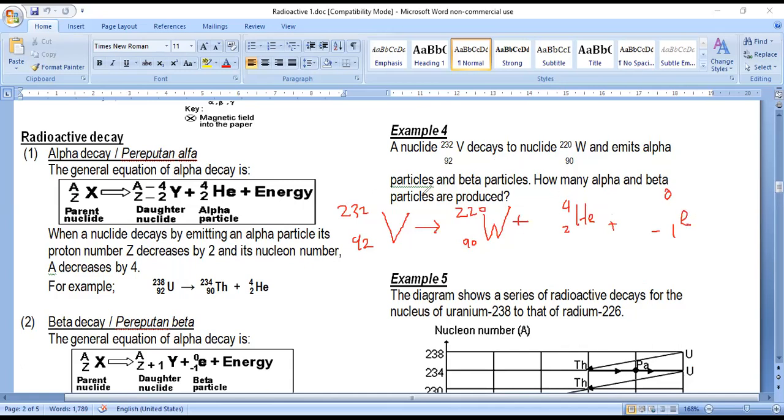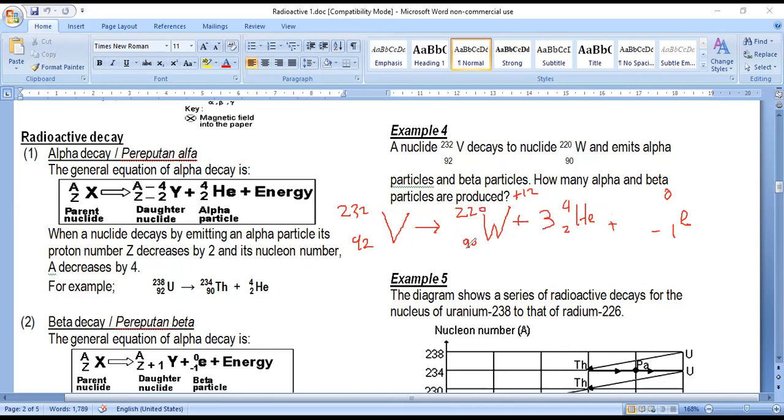So now I have 232, I have 220. So I need to plus another 12. So 1 alpha is 4 nucleon number, so I need another 3 lah. Right, 3 times 4, 12. So 12 plus 220 get 232 lah.